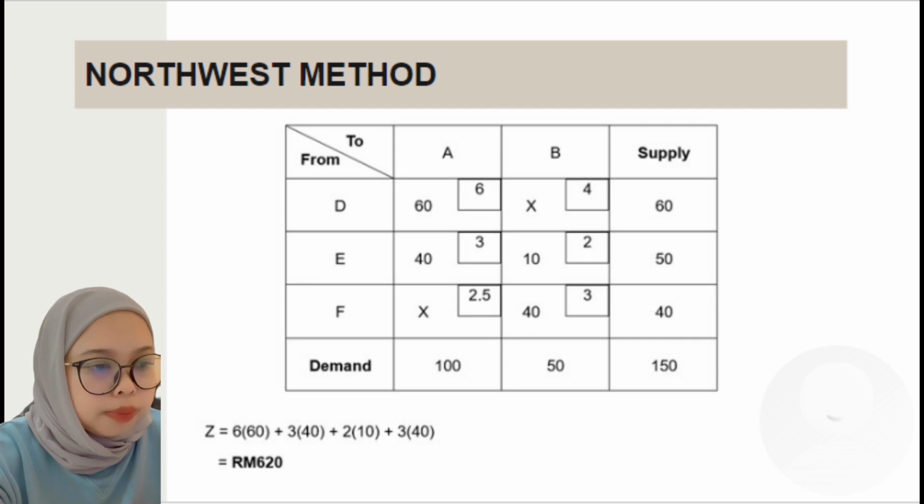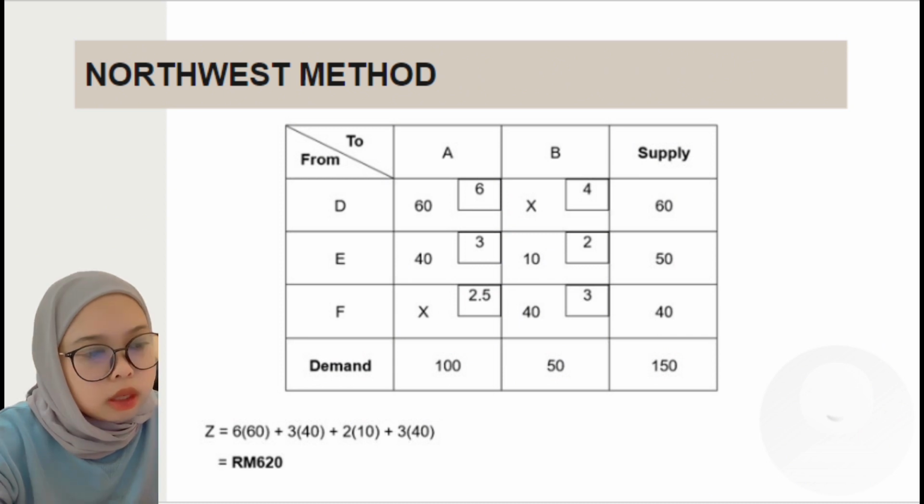Next, B. The demand is 50, but they cannot supply anymore, so let's proceed to X. Next, the demand is 50, but the supply left is only 10. And the last one, the demand is 50, but to meet the 50, they can only supply 40.